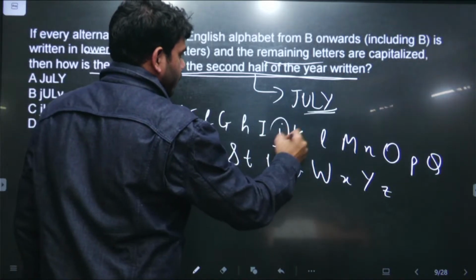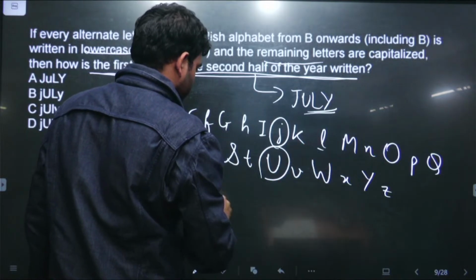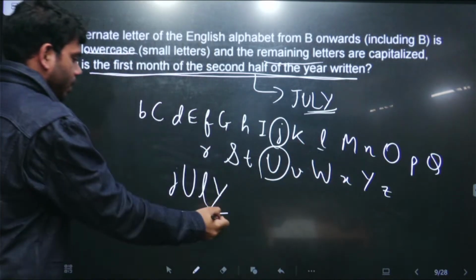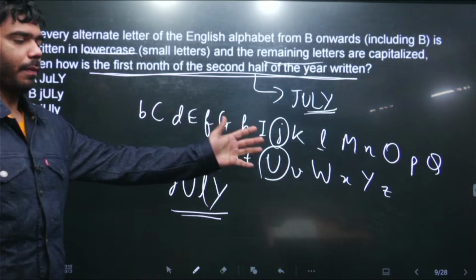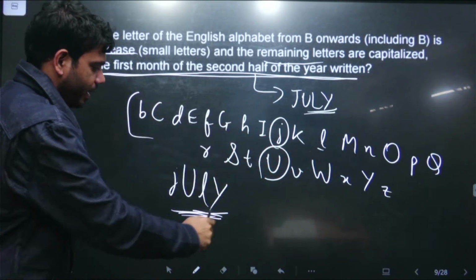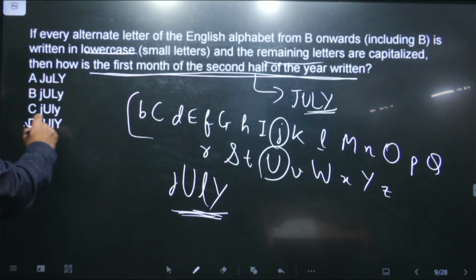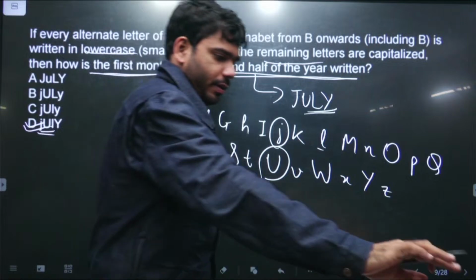So J came out small, U is capital, L is small, and Y is capital. So in this alternating uppercase and lowercase alphabetic order, July will be written this way. So the matching option is option D. So option D is correct.